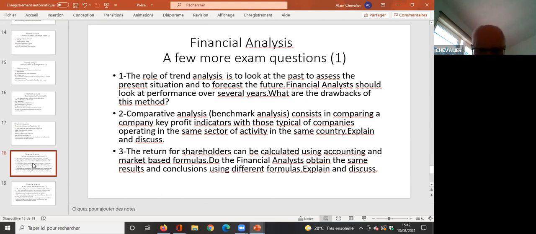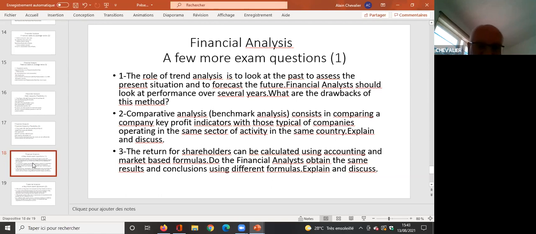Third question. The return for shareholders can be calculated using accounting and market-based formula. Do the financial analysts obtain the same results and conclusion using different formulas? Explain and discuss. Yes, it is true.